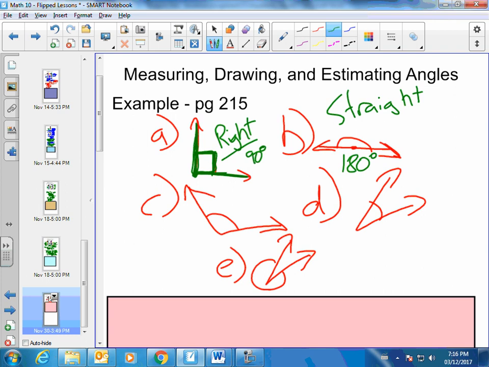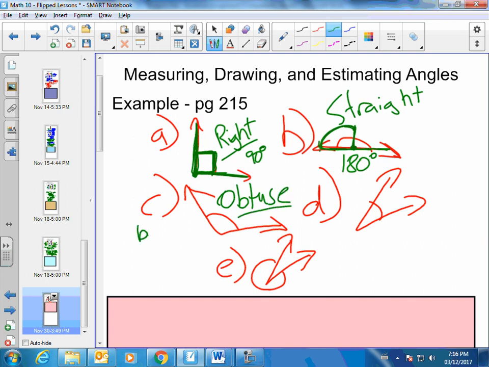This is very similar if you imagine you had a hinge on a doorway. So you've got a doorway that might close up to this position and then open all the way out to being straight or flush with the wall. So you need to be able to manipulate the different angles there if you're, say, perchance building a doorway. The next one we have over here, this is an obtuse angle.